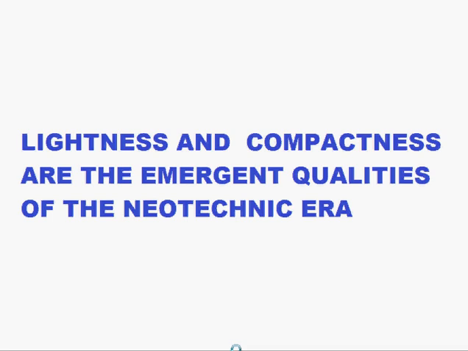I would want you to consider lightness and compactness as being a quality that has transferred from the Neotechnic phase to whatever phase we're in now. Or perhaps you use this lightness and compactness as an emergent quality to make the argument we're still in the Neotechnic phase. So that's something you can decide in week 10. Keep that in mind for the next couple weeks.